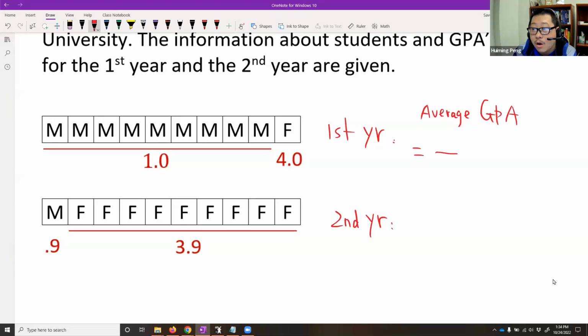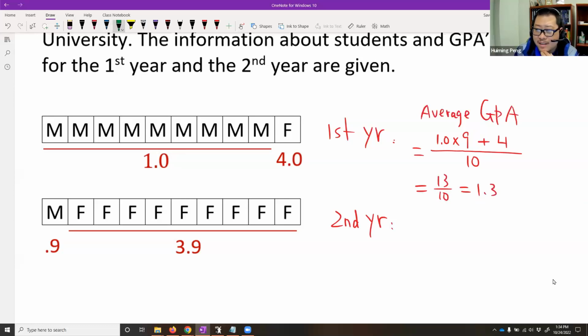The total GPA: 1.0 times 9, because 9 male students each earn only 1 point, so 9 points in total, and the female student earns 4. Divided by 10, 9 plus 4 is 13, 13 over 10, so 1.3.